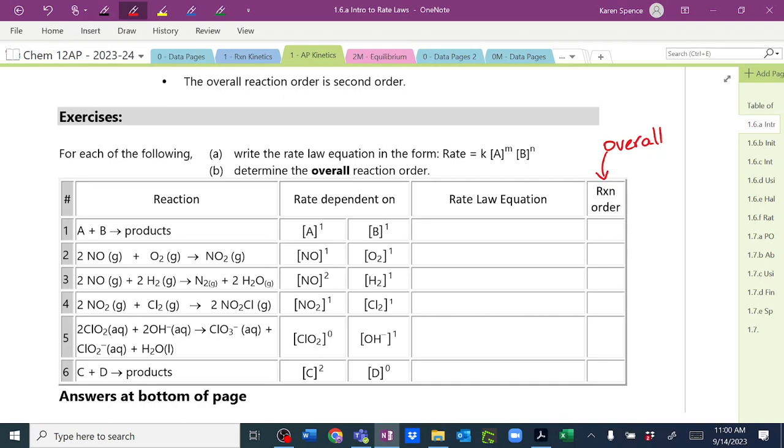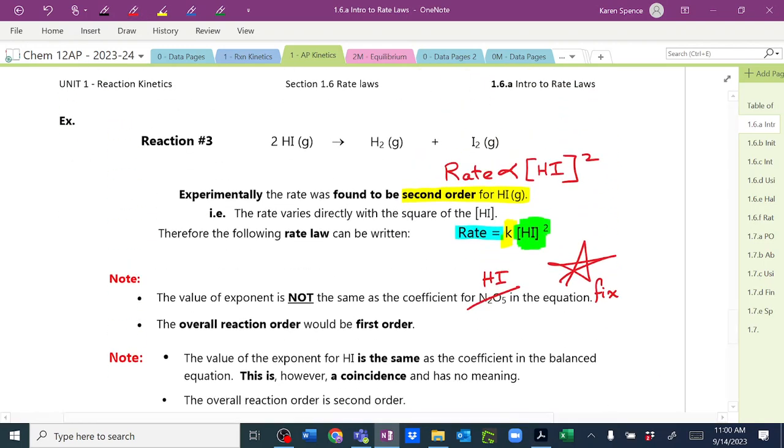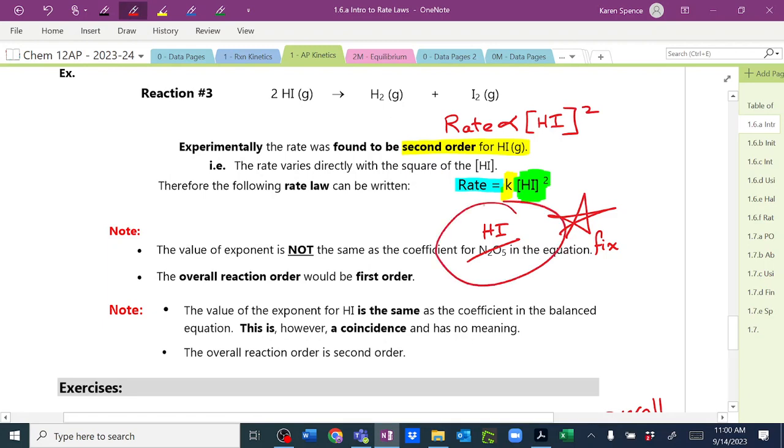Sherry just caught another mistake. I copied and pasted the whole thing. In addition to this being HI, this should say second order. Okay. Now, did I get my answers correct? Are you finding any that I did wrong? Oh, and I didn't write number 6.